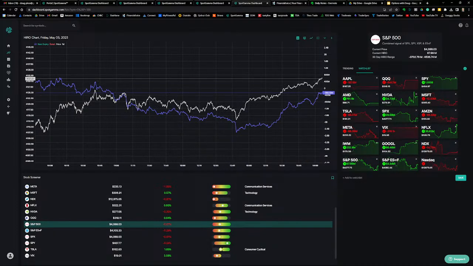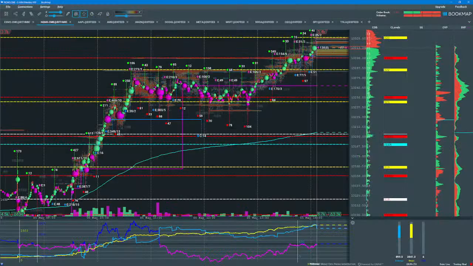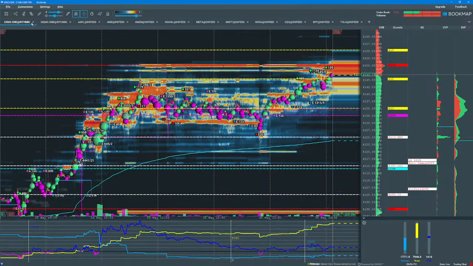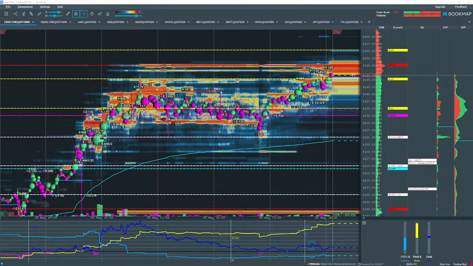Hedging flow continuing lower and price, starting around 10:45, chops around in this kind of extended lunchtime chop. And then as Hero starts to move higher, price moves higher as well, or vice versa. All right, that's the S&P 500.